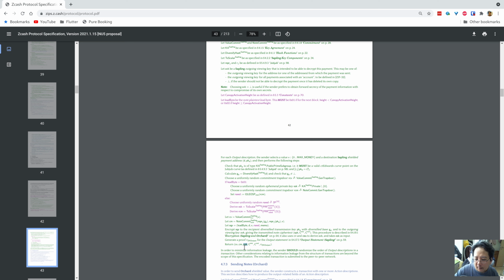As a light client, you're not going to do that. Light clients actually have it easier and harder, right? The easier part is that they rely on the full node to do most of the heavy lifting. They will not keep track of all the note commitments. This is part of validation, and this is not part of their job.